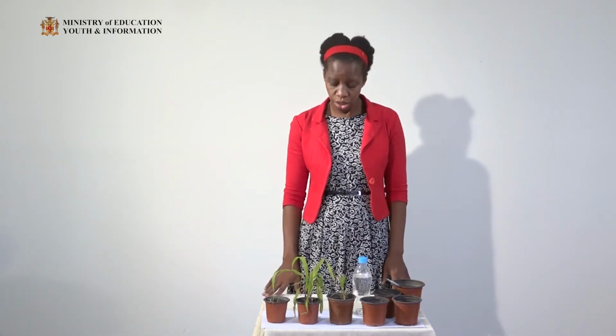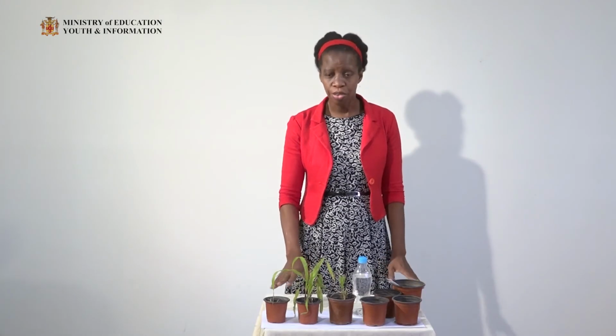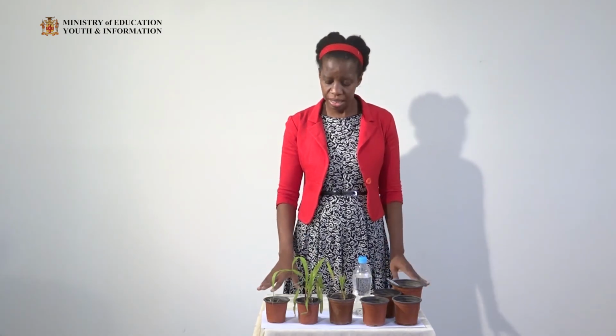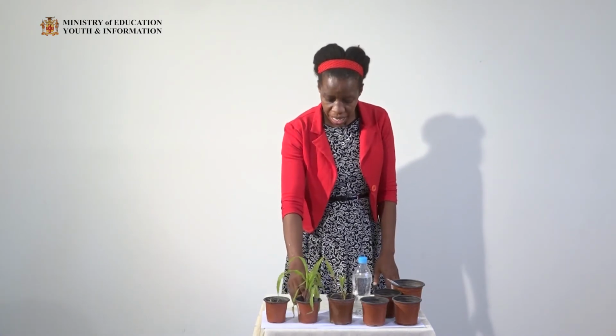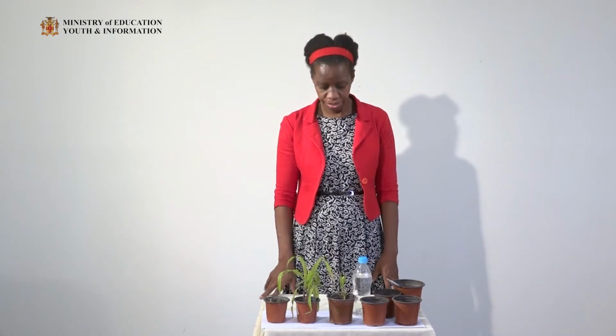The second conclusion is that plants need both water and nutrients in order to grow healthy. This, of course, shows that plants have different needs, and if we remove these needs, then they will not be able to grow healthy and strong.